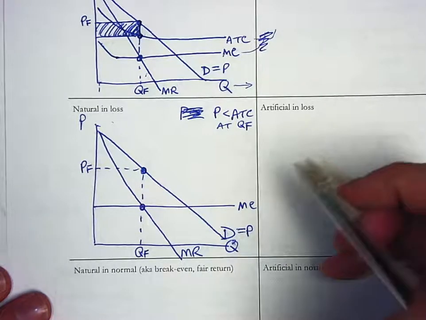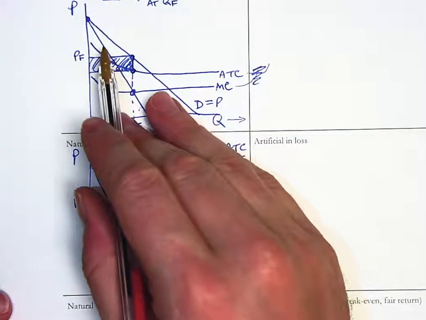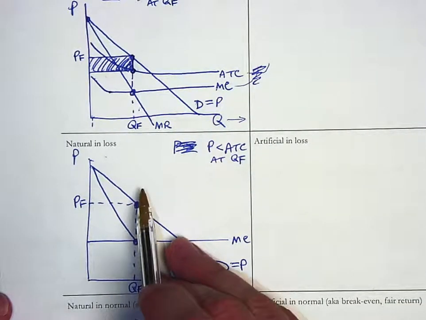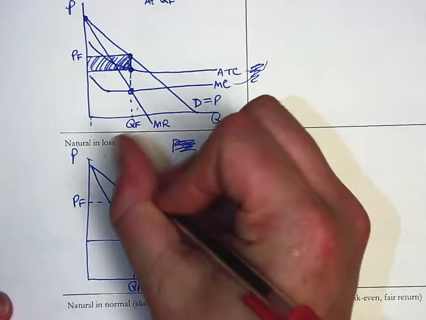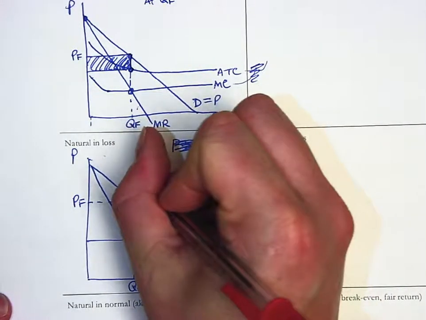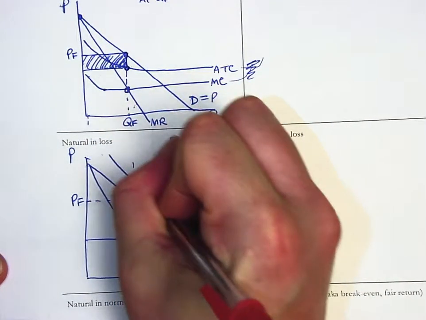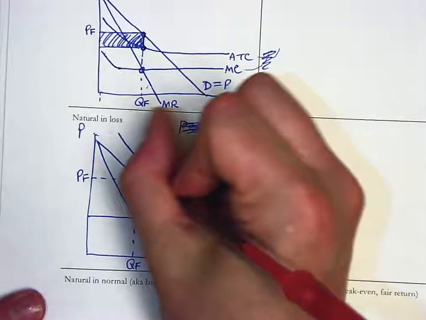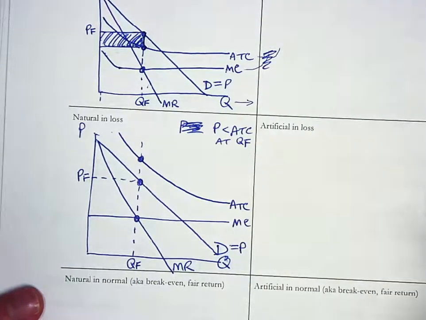So our ATC is going to look like that ATC. It's going to be that downward sloping line. But at QF, it needs to be above the price. So it's got to be like somewhere up here. So we're just going to draw a line coming down, just like that, ATC. And we find that at QF, the ATC value is way up here.